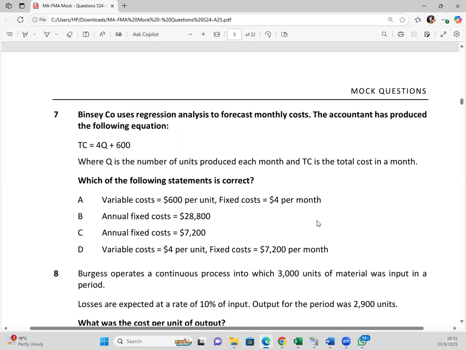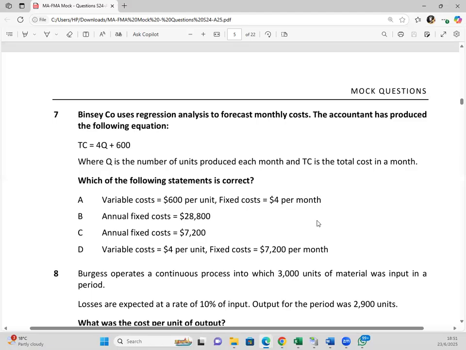What's BX? From Y equals A plus BX, what's the BX? The B is representing what? And the X is representing what?